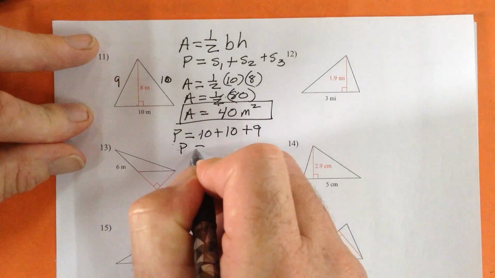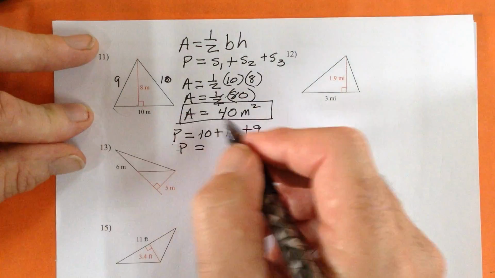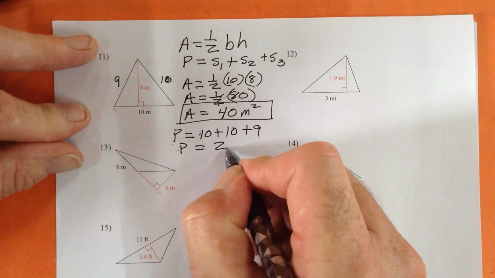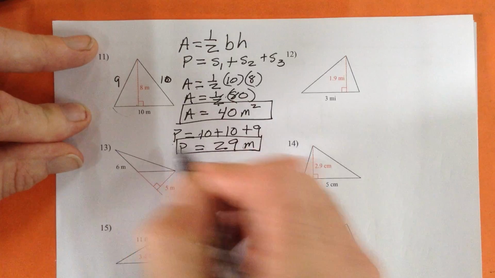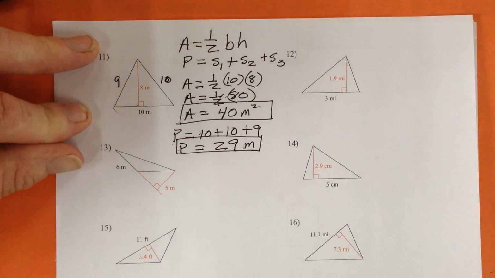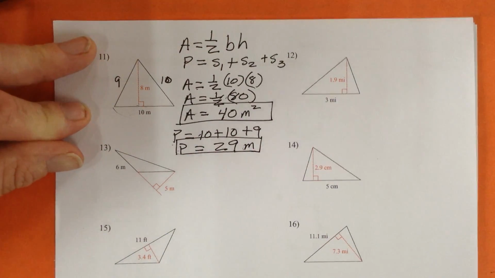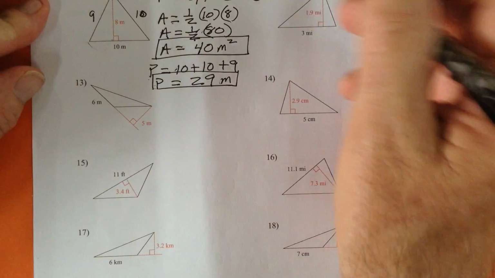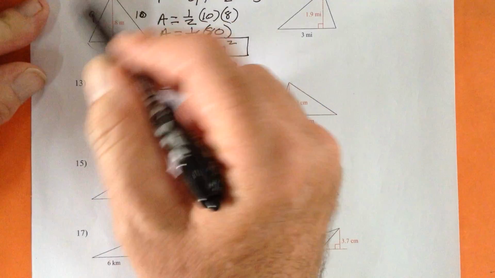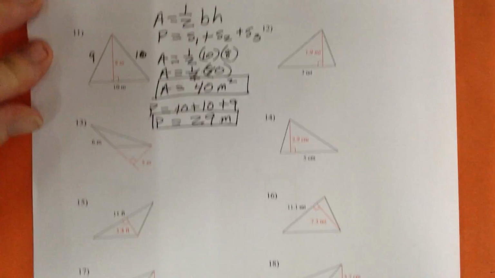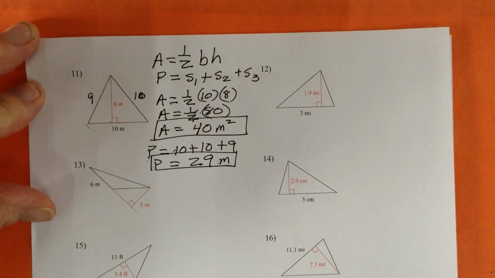So pretending that's not their actual size, it'll be 29 meters. Okay? None of these have all 3 sides, so you can't add up the perimeters, but I just made up numbers for this one, as I will on that one, just to show you.